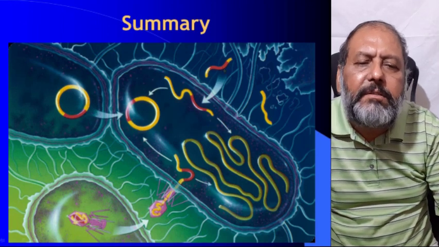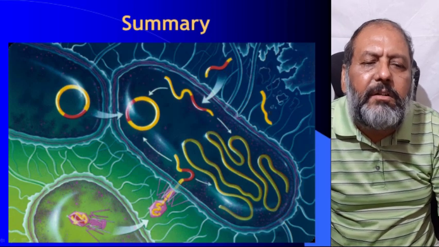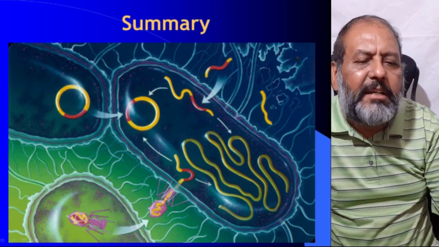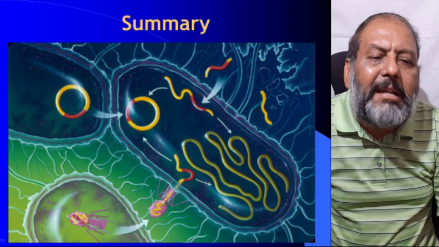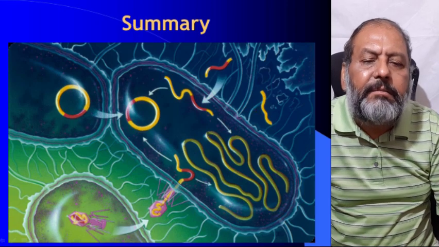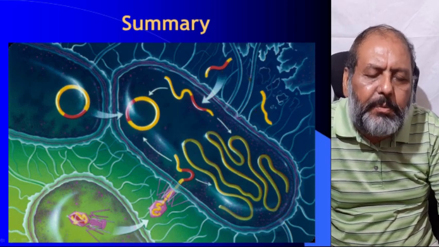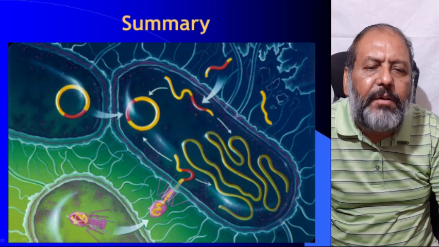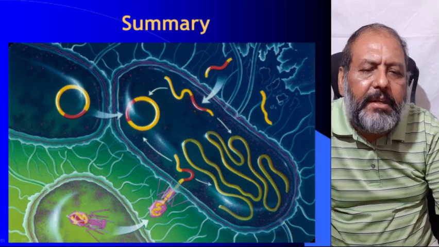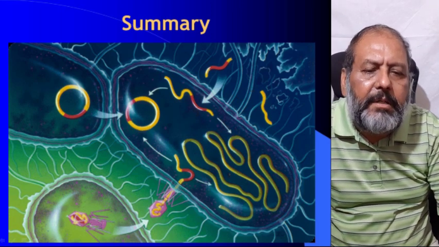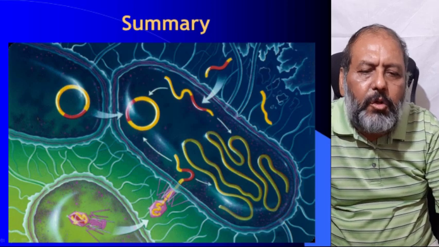Here one can see again the wild or naked genetic material, or chromosome, lying in the environment, and that is being taken up by this bacterium as naked DNA, and that is going to be merged with its chromosome.